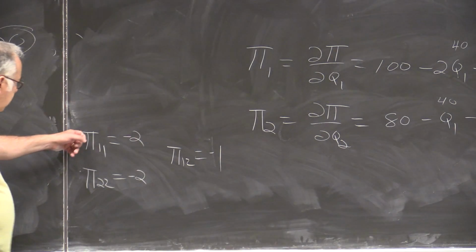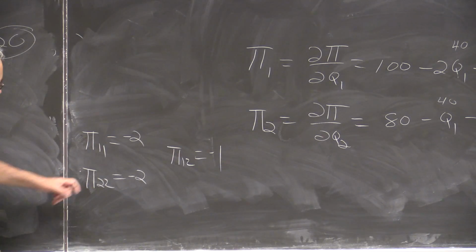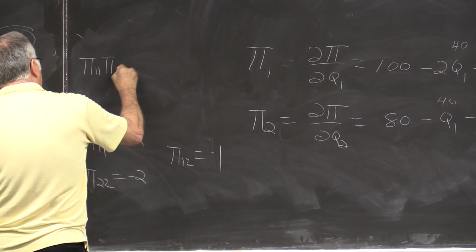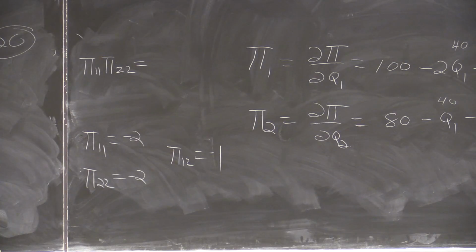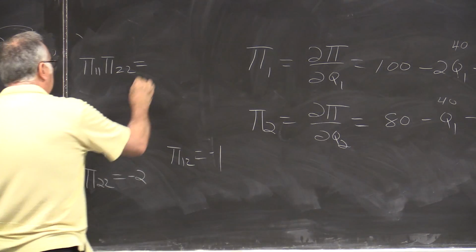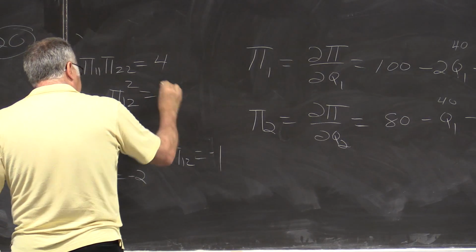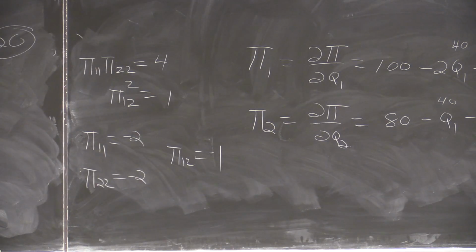So in this case, both of these second order derivatives are negative, and pi 1,1 times pi 2,2, that's like f sub xx times f sub yy, is equal to 4, and pi 1,2 squared is equal to 1. 4 is greater than 1, so that guarantees that the second order sufficient conditions for a maximum are satisfied.